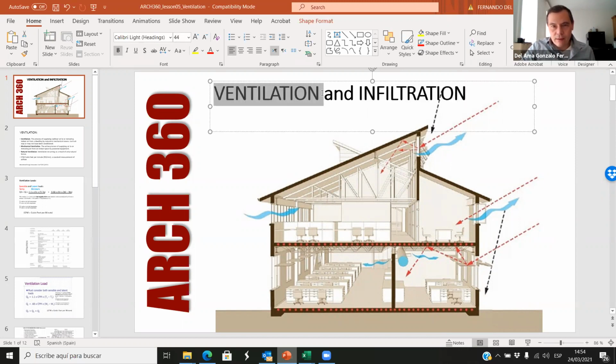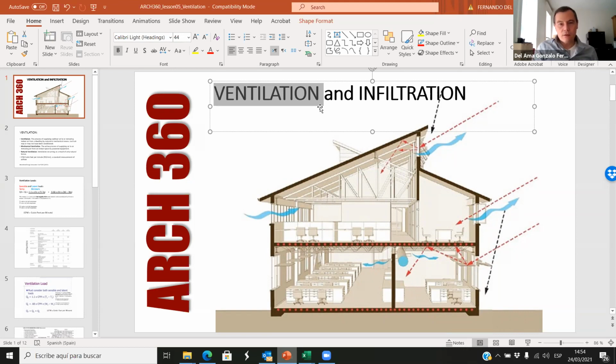Ventilation is the outdoor air that enters the building, the fresh air that enters the building, but we control that air. We can open a window for 10 minutes. Well, at least we can control when the window is open or when the window is closed. The best way to control ventilation is using mechanical ventilation.